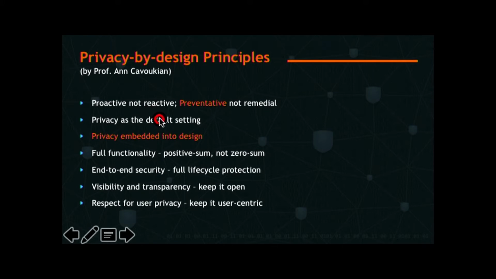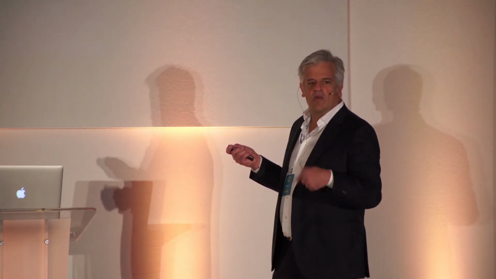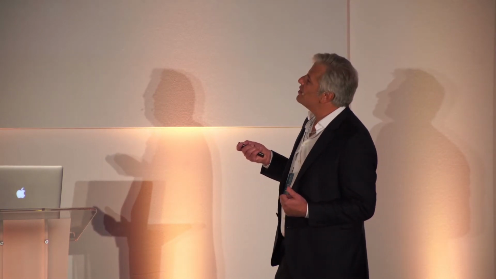Privacy as default means it's more on the consumer side: by default, disabling all the features that can compromise the consumer's privacy. For instance, if you download an app, typically all the privacy settings are against you, and you have to go to the settings and say, no, I don't want to share this information. So that's privacy by default, and I think that is really important.